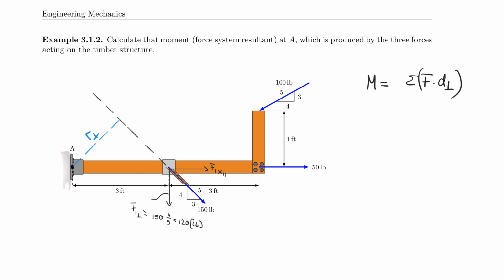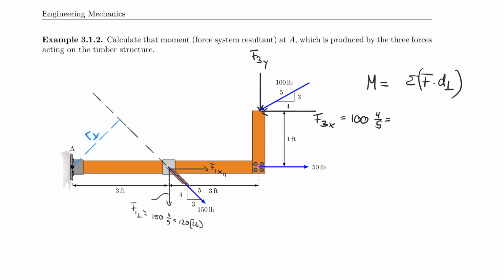So let's break those down, and let's understand that we have a vertical component, which is here. So let's call that F3, and we'll call that F3y because it's in the y-axis. And then we have also this component here, which is F3x. And F3x, for example, would be equal to 100 divided by 5 multiplied by 4.